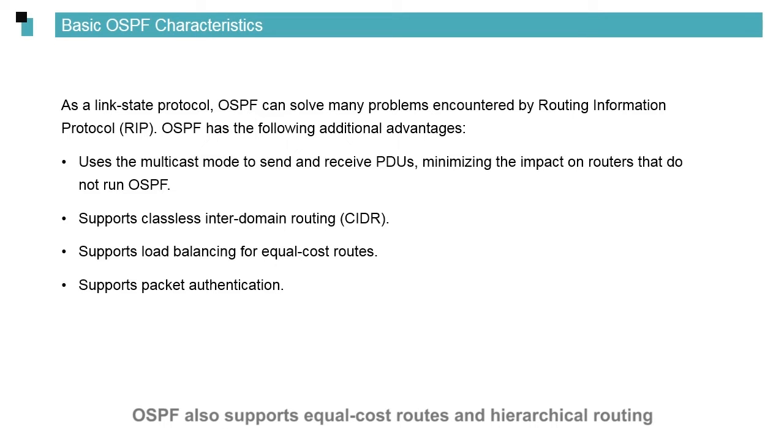OSPF also supports equal cost routes and hierarchical routing. It supports verification to enhance security. In addition, OSPF sends packets in multicast mode. It has two multicast addresses, 224.0.0.5 and 224.0.0.6, which are exclusively reserved for OSPF.